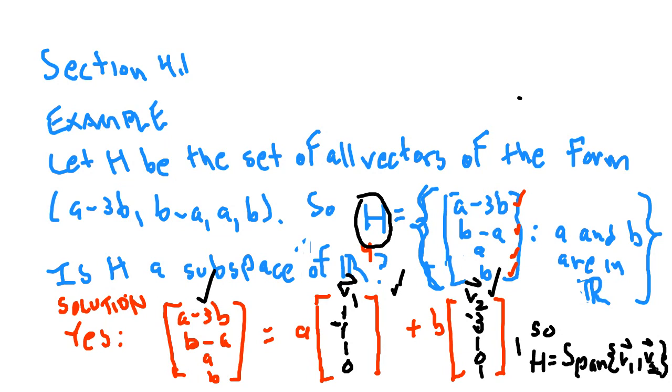Right? This space H, this subspace of R4, is the span of two vectors. And since the space H can be written as the span of two vectors, this means that H is a subspace. Because we learned that the span of any set of vectors is a subspace, because it meets the three properties of a subspace.